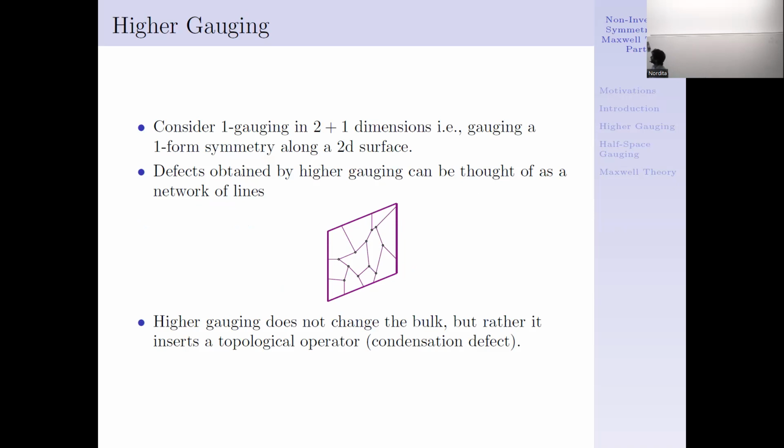The sum that I wrote before is equivalent to creating a network of lines along a 2-dimensional surface. The basic point here is that we are gauging the symmetry only on a surface, so the bulk still remains the same, and the only thing that we do is create a topological defect along the surface.